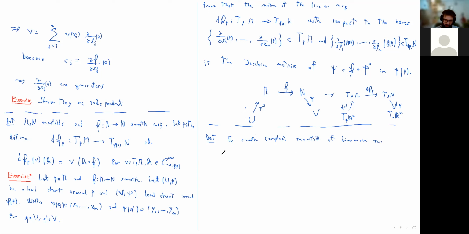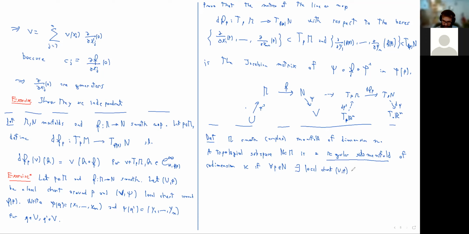Then a topological subspace N contained in M is a regular submanifold of codimension k if for every point in this topological subspace there exists a local chart (U, phi) near P.